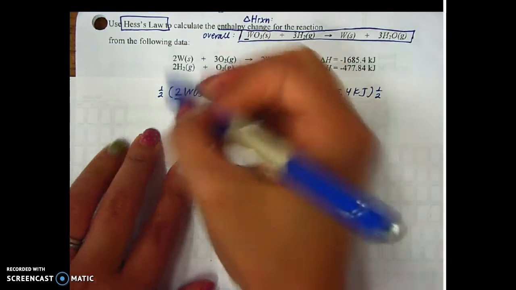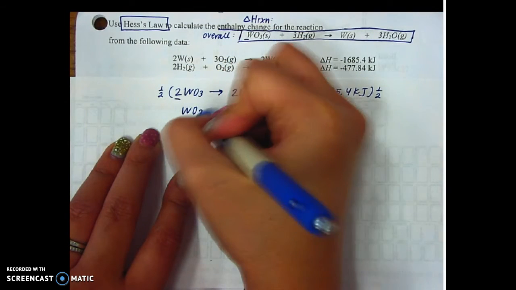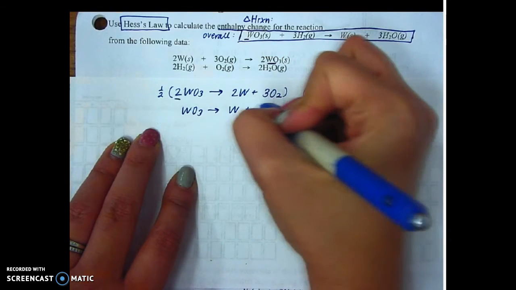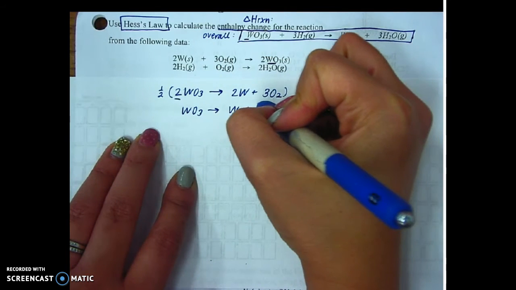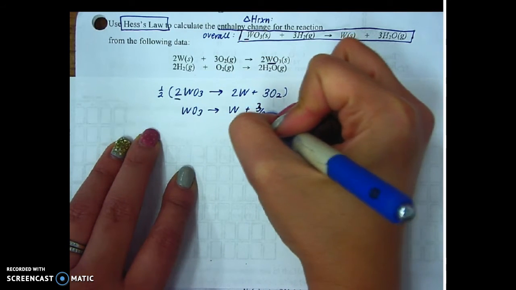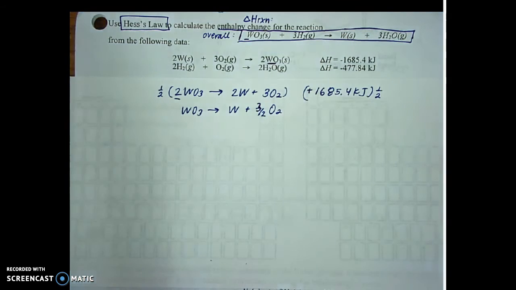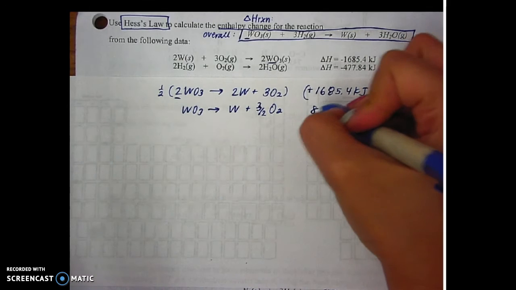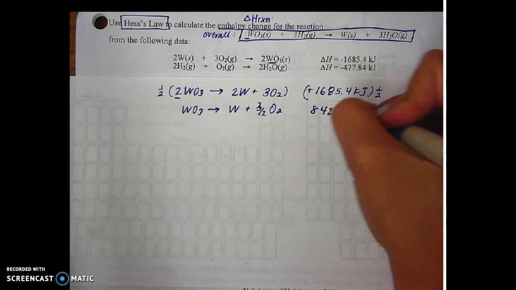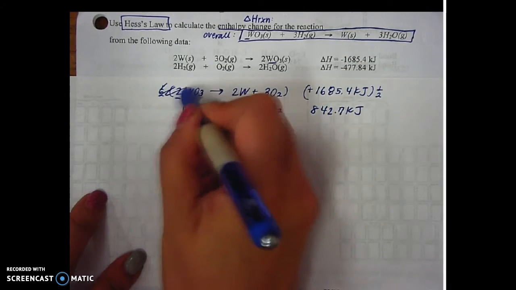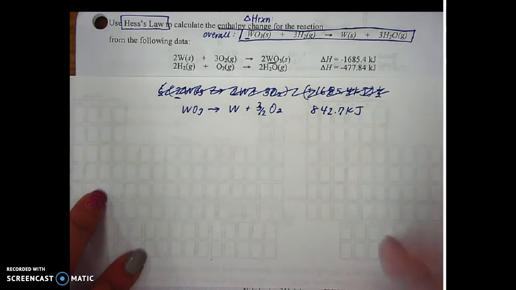So we're going to wind up with 3 halves O2, and we're going to take our 1,685.4 divided by 2 as well, and we're going to wind up with 842.7 kilojoules. And now I know that this equation is something that I don't need anymore.